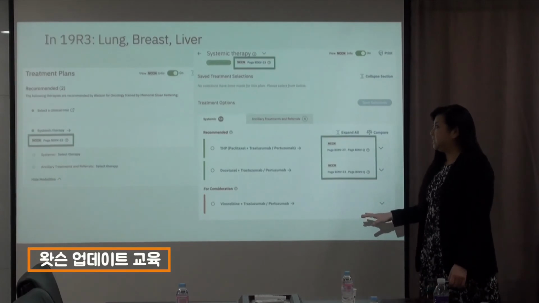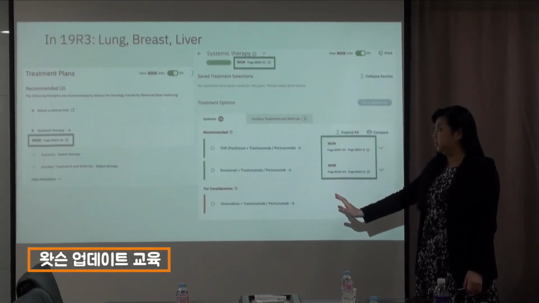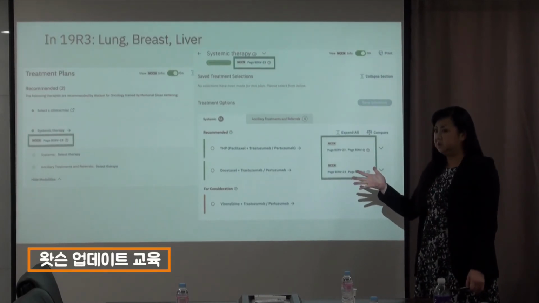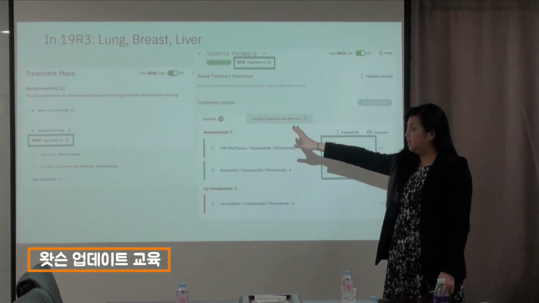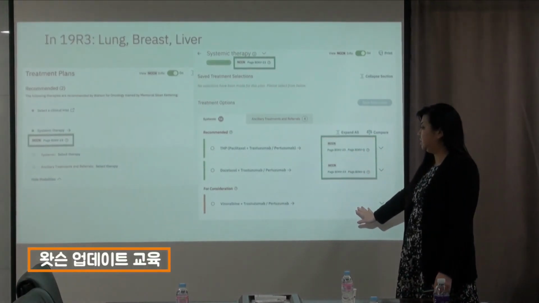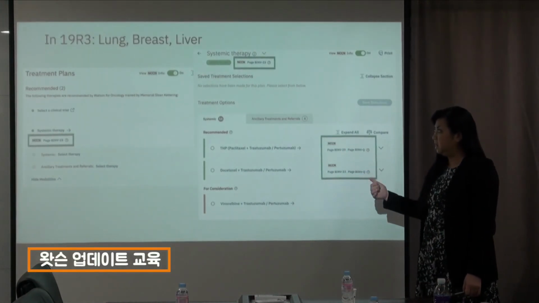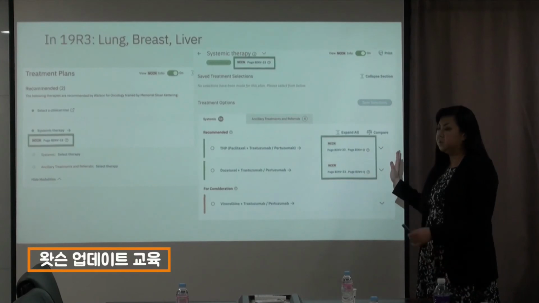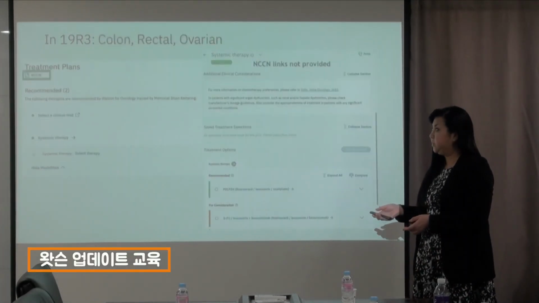But previously, in 19.2, all of the NCCN support for all 5 cancers that we support for NCCN looks like this. So you have an NCCN link on the treatment plan page, and then you have this displayed on the treatment options page. For 19.3, for lung and breast and liver, it will still look exactly like this, exactly the same as before.